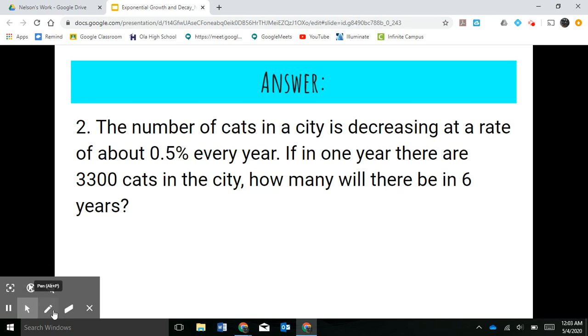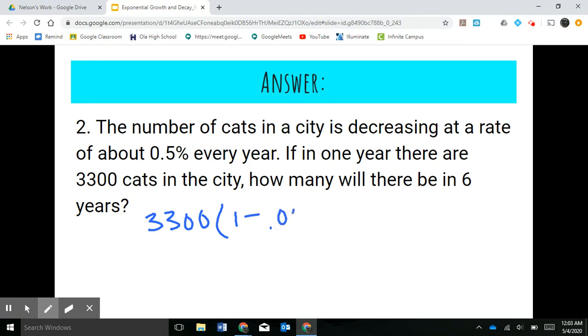All right, so let's check it out. This one's a little tricky. We have 3,300 cats. It's a decay because they told us it's decreasing, so it's 1 minus. It's 0.5%, so that's going to be 0.005 when I move it over 2 places to the left. And now my time period is going to be 5.